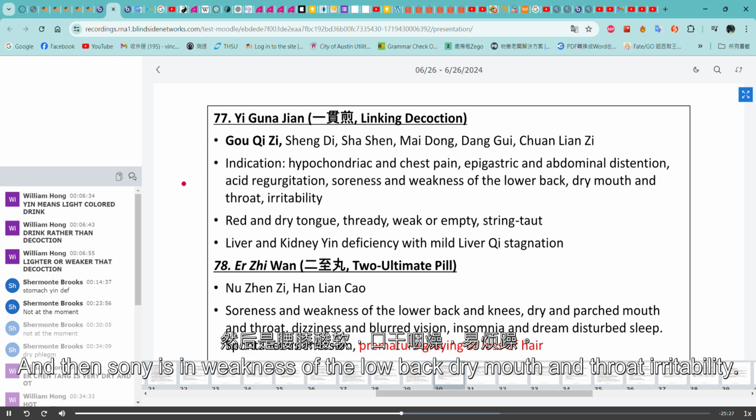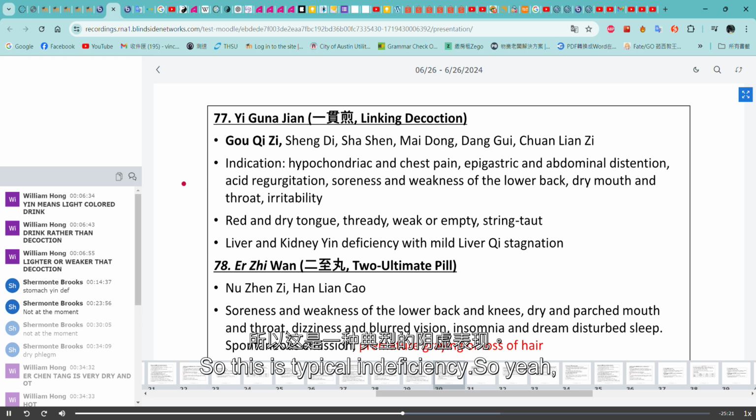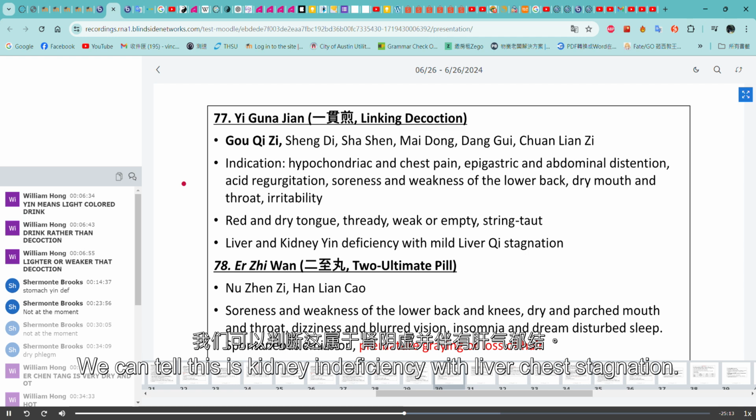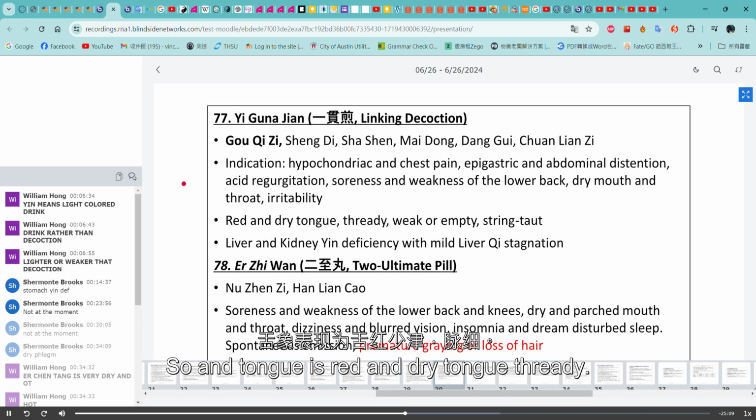And then soreness and weakness of the lower back, dry mouth and throat, irritability. So this is typical yin deficiency. Just looking at the signs and symptoms, we can tell this is kidney yin deficiency with liver qi stagnation. And the tongue is red and dry, thready.